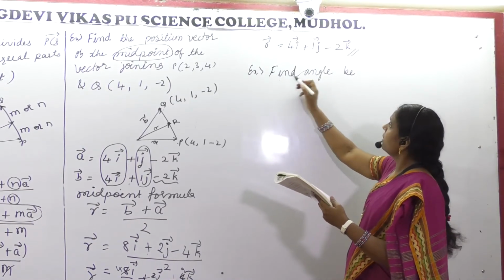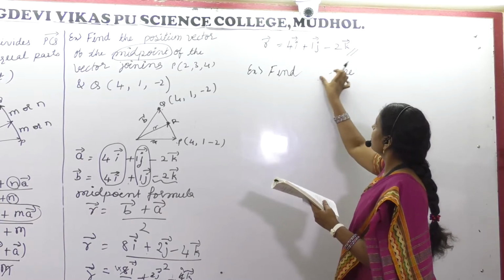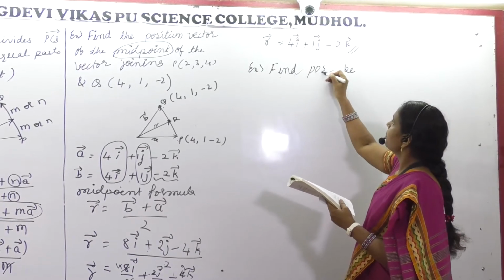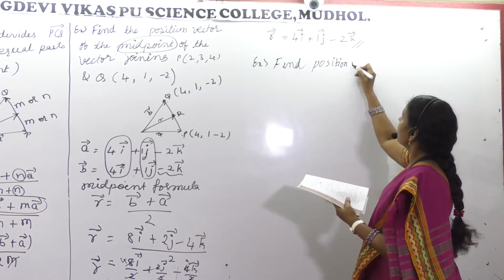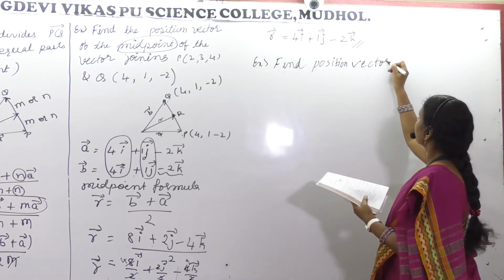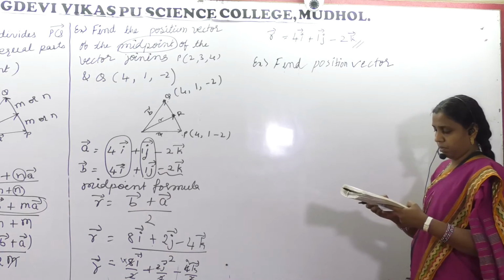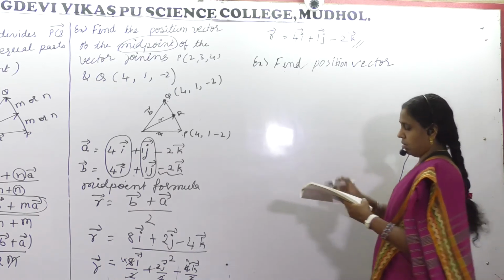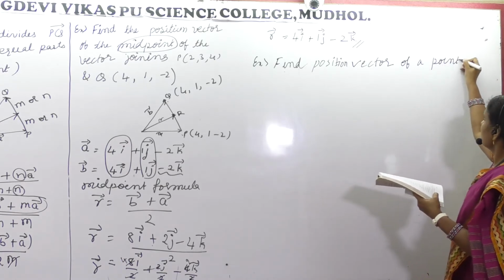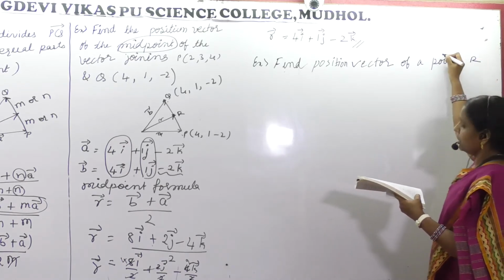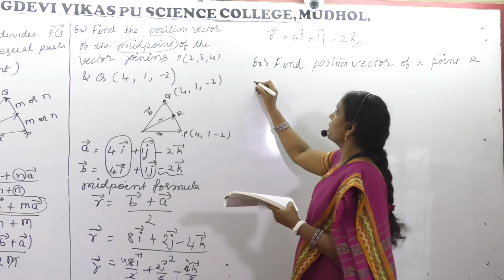So find position vector of a point R which divides the line joining.